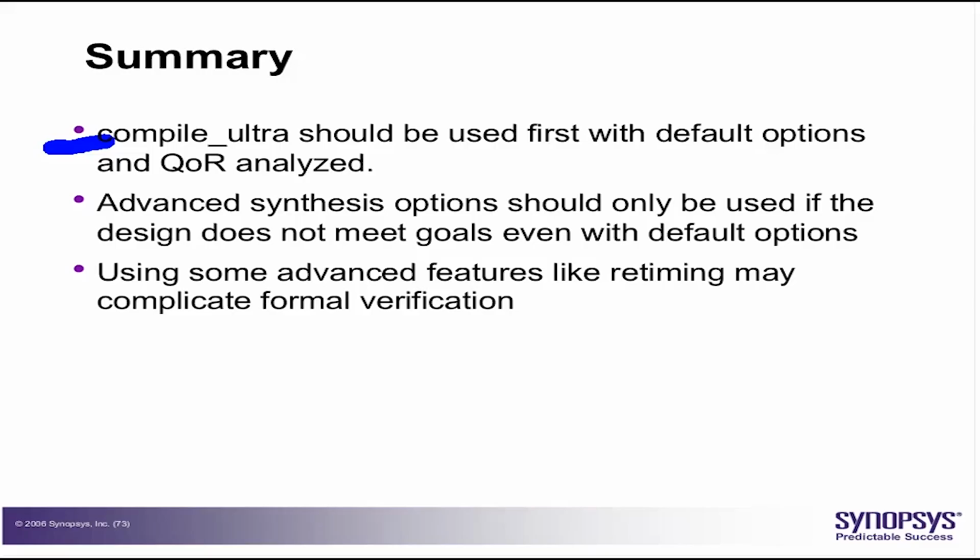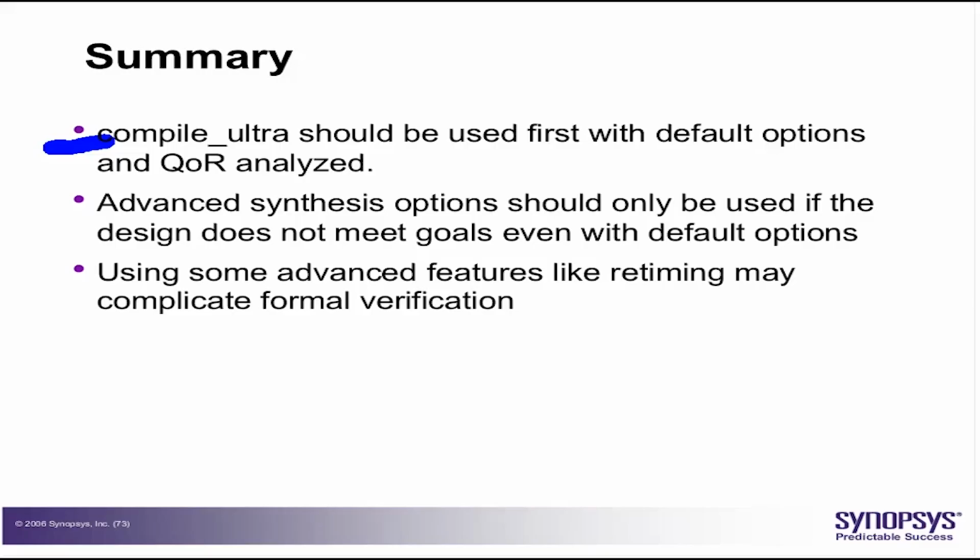Right? Now there are design components like multipliers. Multipliers are big blocks. They are slow, so most of the time they have timing problems. So you could use a pipelined multiplier from the DesignWare library. What is a pipelined multiplier? It has an internal pipeline built in, but that pipeline is not at a fixed location. DC will move that pipeline around based on your timing constraint. So it has inbuilt retiming, right?